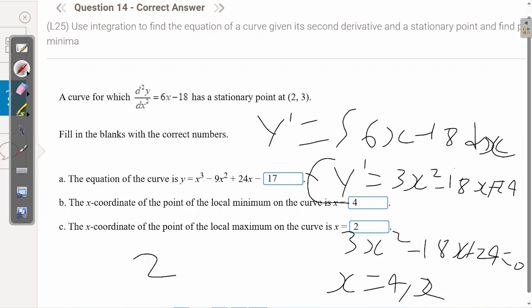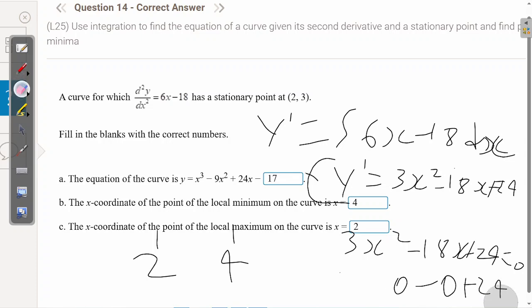So we do the number line, 2, 4, and we check before. With 0, for example, 0 minus 0 plus 24, so it's increasing, going up.